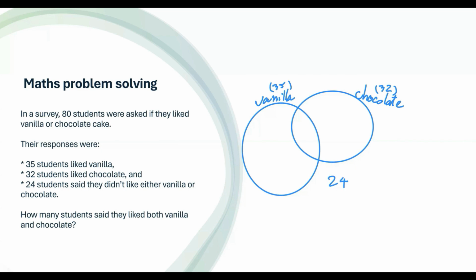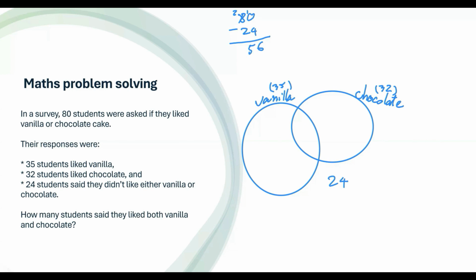Okay, so you know that 24 are outside the circles, so how many actually go inside the two circles? You can do 80 take away 24, which is equal to 56.